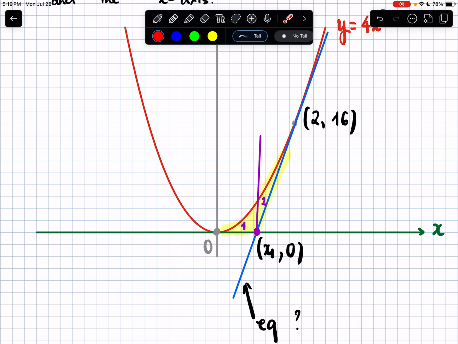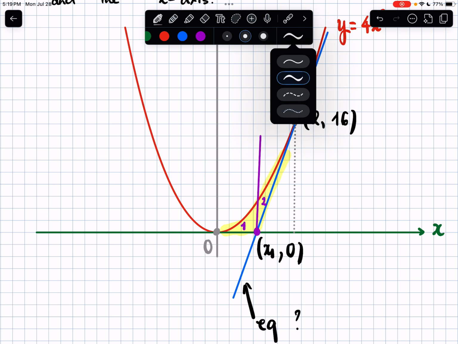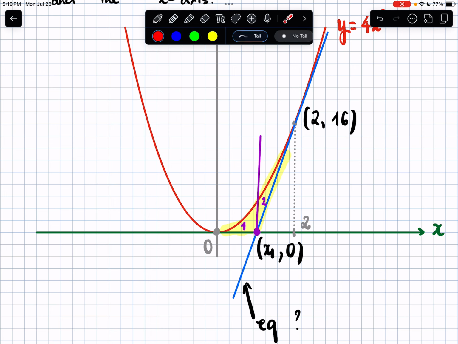The area of region 2 will be the integral from x1 to x equal to 2. So the area of the second one is the integral from x1 to 2 of the red minus the blue one.